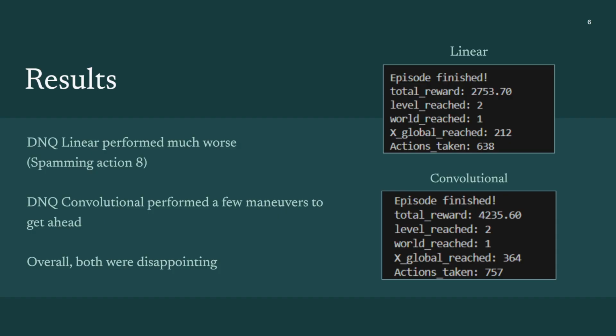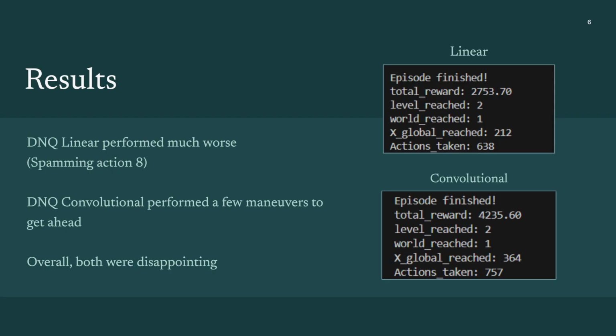After continuing to train both architectures for a sufficient amount of time, we had our results. We found that the DNQ linear performed significantly worse, even with the tweak we made to try and prevent the agent from spamming one safe action. We found it only ever uses action 8, which is right plus B. This makes Mario run off the very first ledge at the beginning of the level.